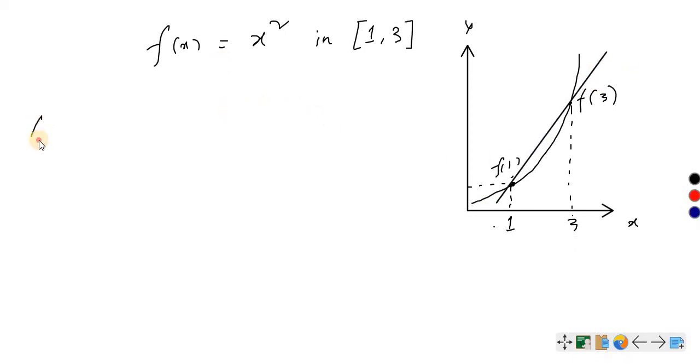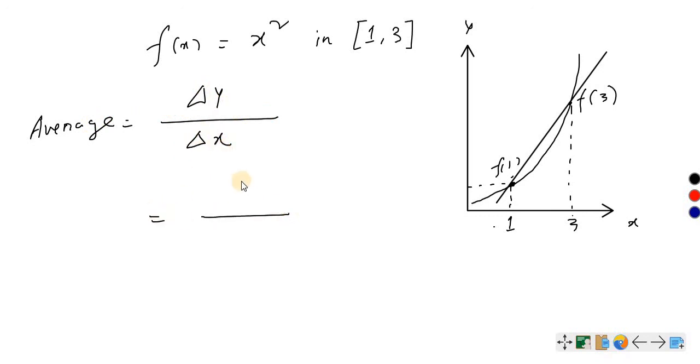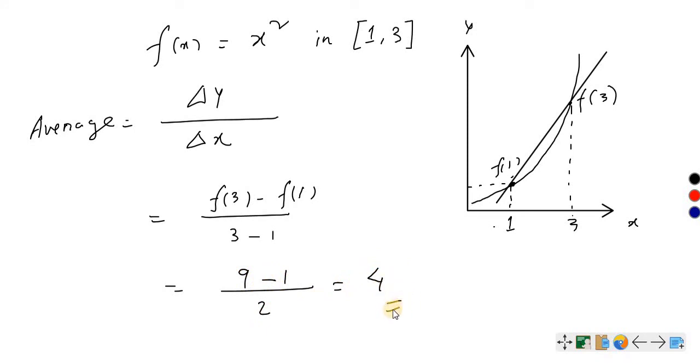What will the average value be? It is the rate of change of the y-axis with respect to the x-axis. So we write f of 3 minus f of 1, divided by 3 minus 1. Here 3 square is 9, minus 1, divided by 2, and simply we get 4. So this is the value that we get as the average value.